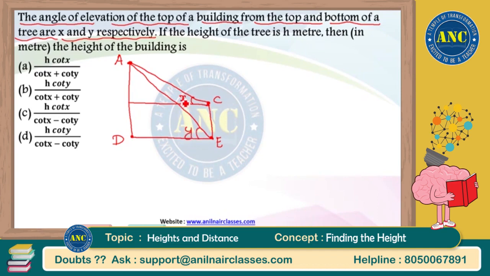This is what is given in the question. Next, the height of the tree, this particular height CE, is given as h meters. If I name this particular point as point B, then find the height of the building. I will call the height of the building AD as Z.